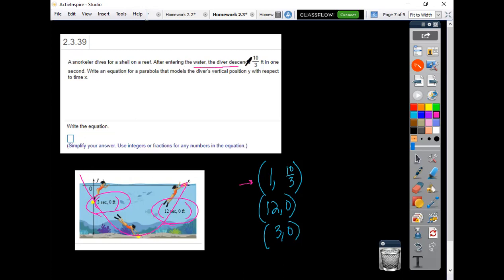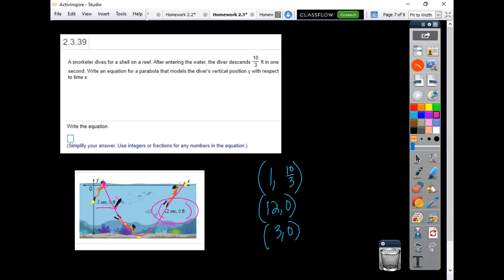After entering the water, the diver descends 10/3 feet in 1 second. That 3 seconds at 0 feet, still thinking this through, would be like this point actually, and then down and back up.